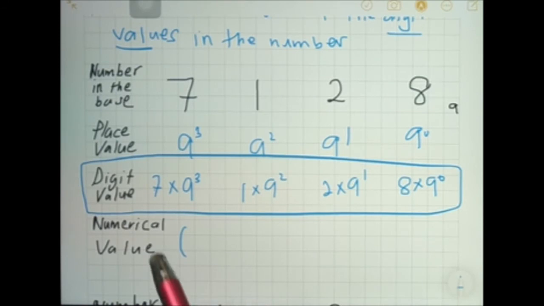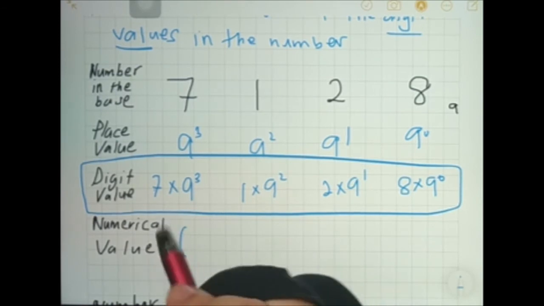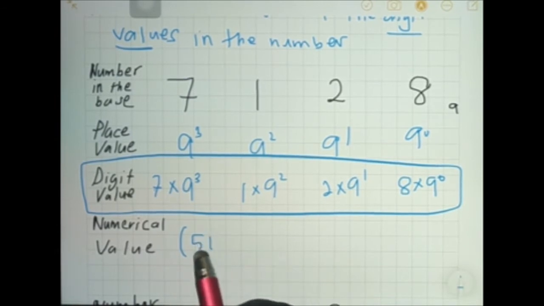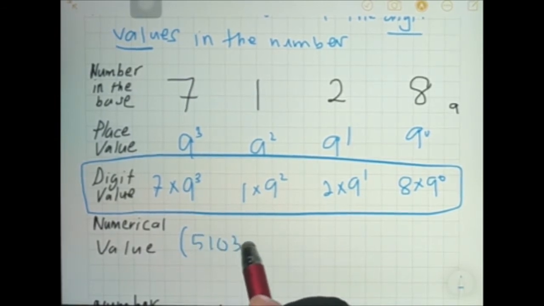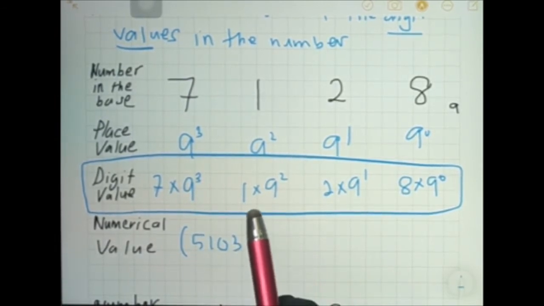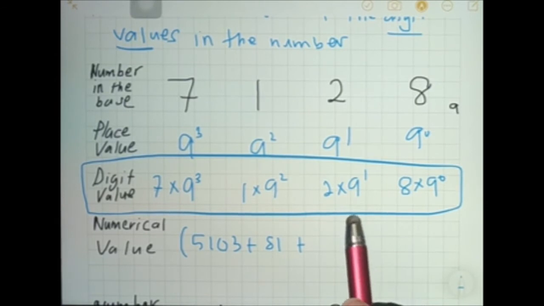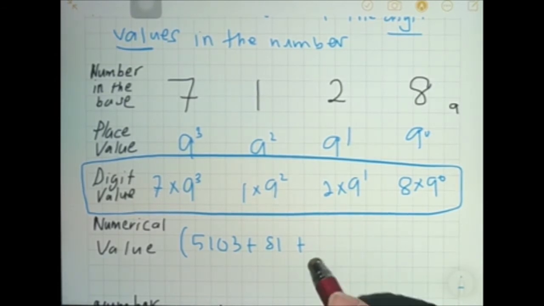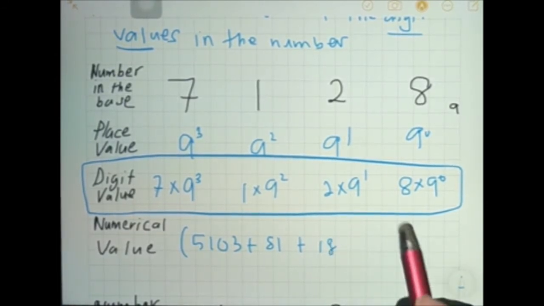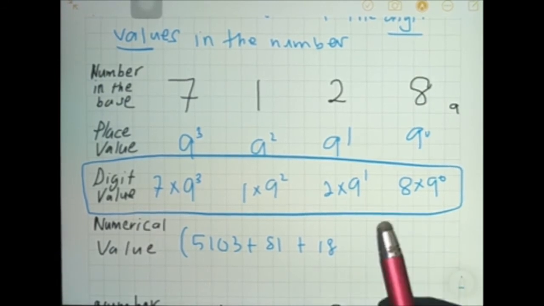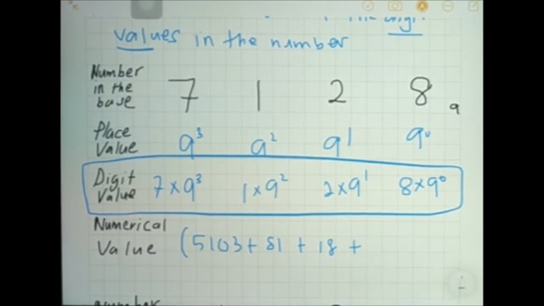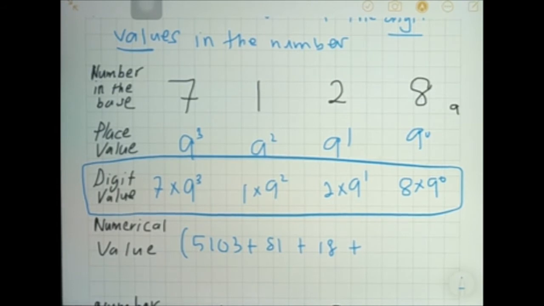So 7 times 9 to the power of 3 is 5,103, plus 1 times 9 to the power of 2 is 81, plus 2 times 9 to the power of 1 is 18, plus 8 times 9 to the power of 0. Anything to the power of 0 is automatically 1.